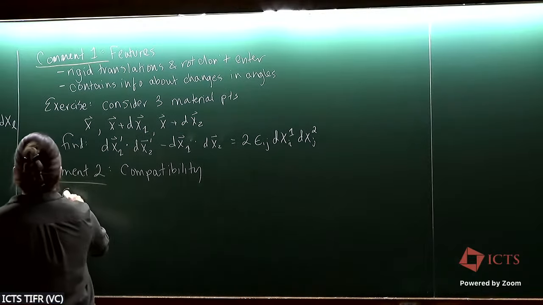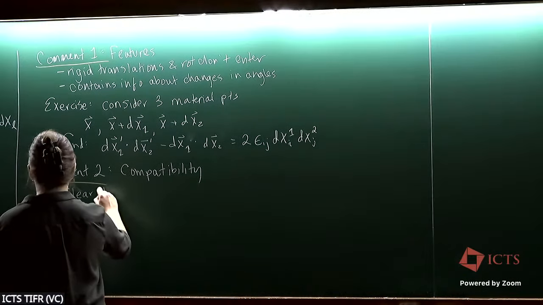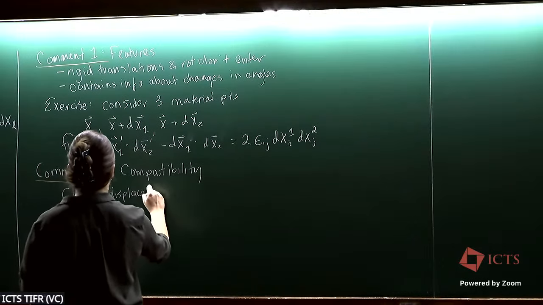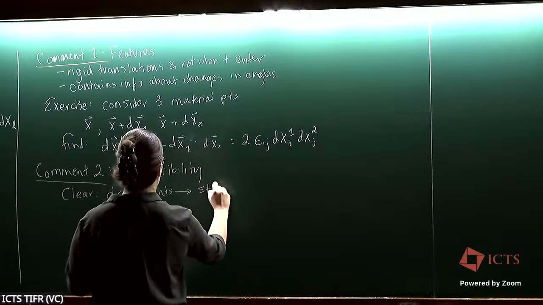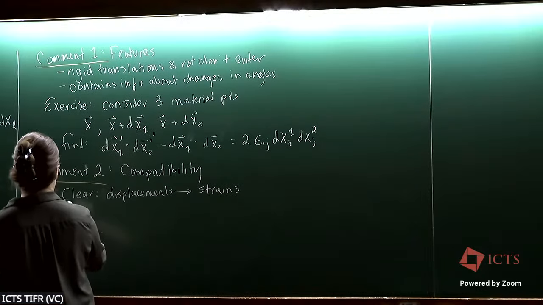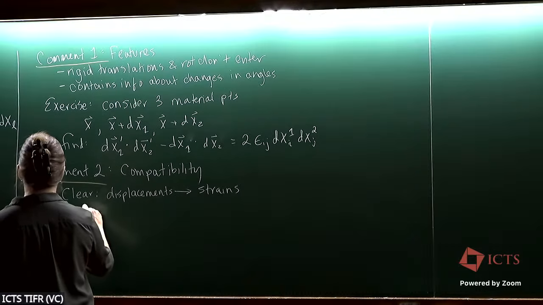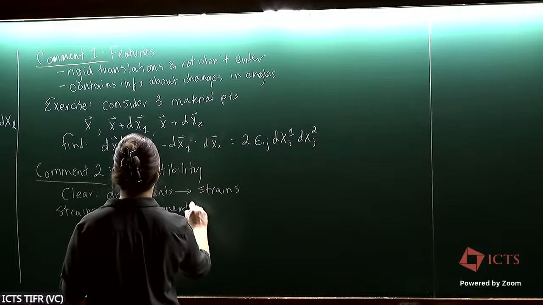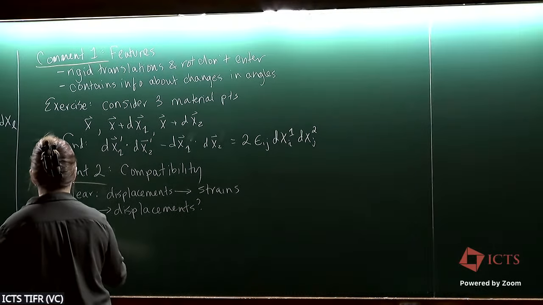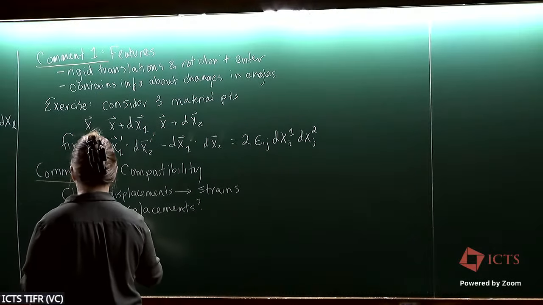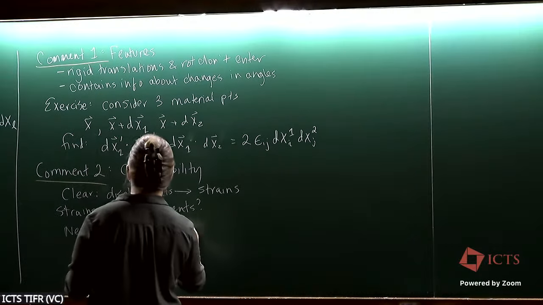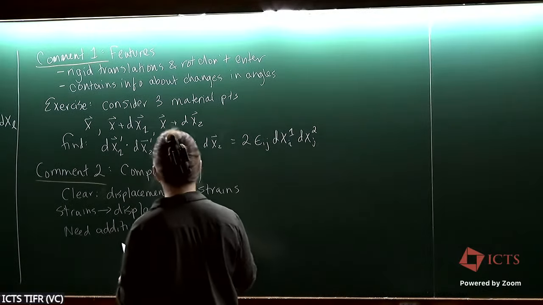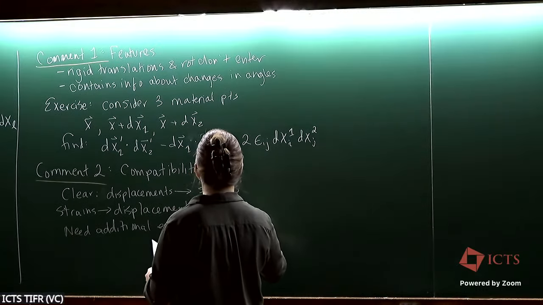So just writing what I said, what's clear is going from displacements to strains. That's really what we just showed. But then what about strains to displacements? To do this, we need additional equations. One way to see this is that our strain tensor is symmetric.